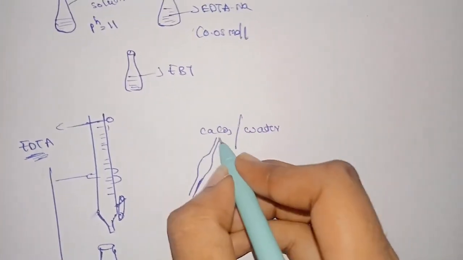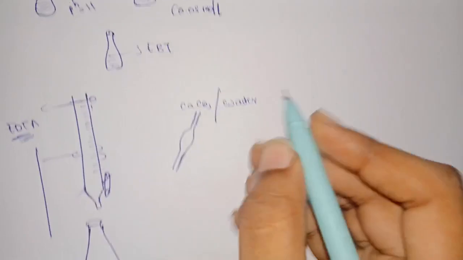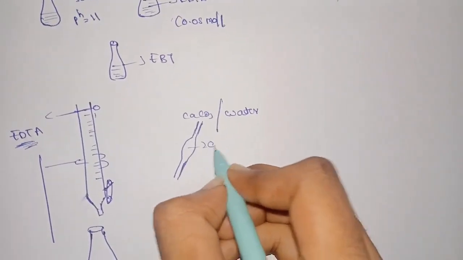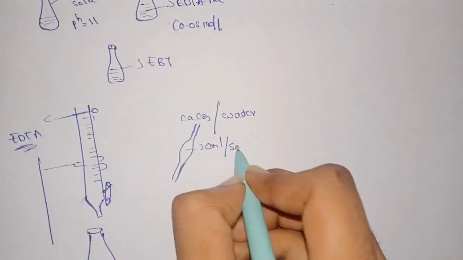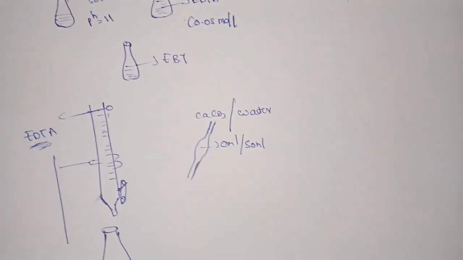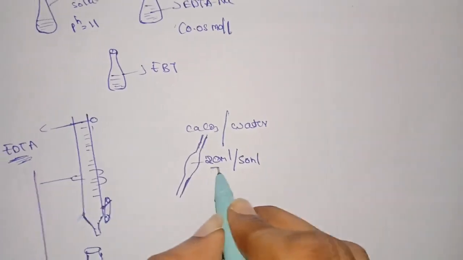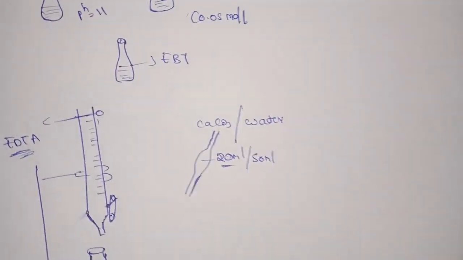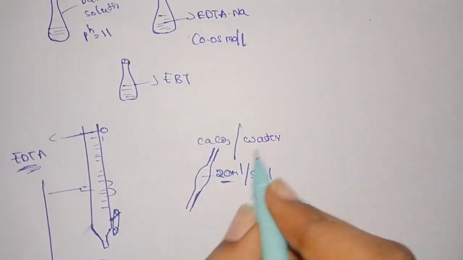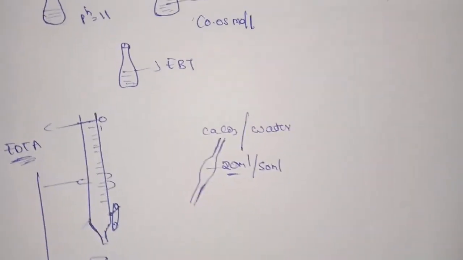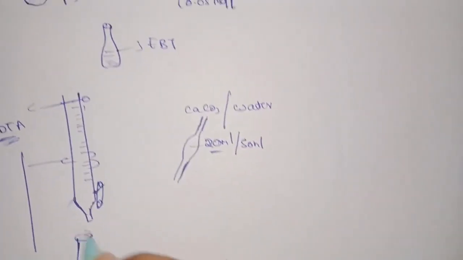In the lab we can use 20 ml or 50 ml, whatever we want, but for time consumption we use 20 ml. So 20 ml of calcium carbonate solution is added into the conical flask.